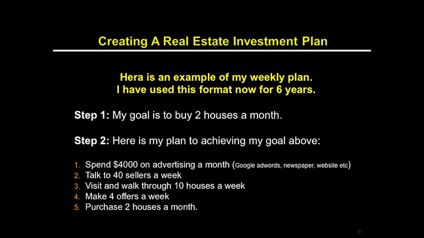The first thing I do every month is spend $4,000 advertising my company, using Google AdWords and newspaper ad websites. I try to talk to 40 sellers a week. I try to visit 10 houses a week. And I make 4 offers every week on the houses that I get to see. The end result of all these things allows me to buy 2 houses a month.